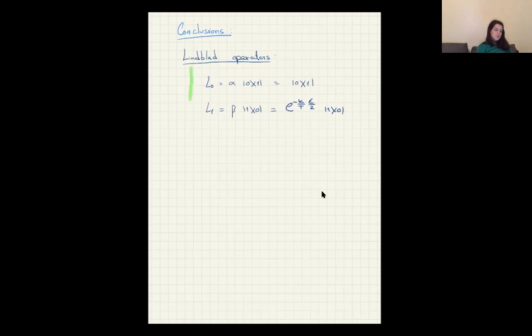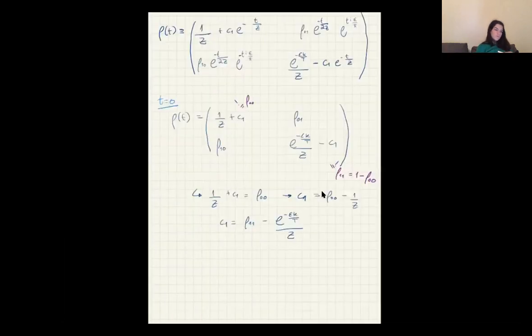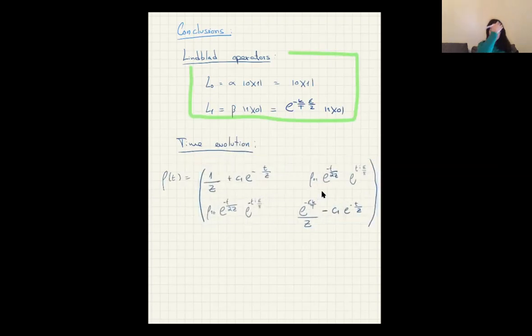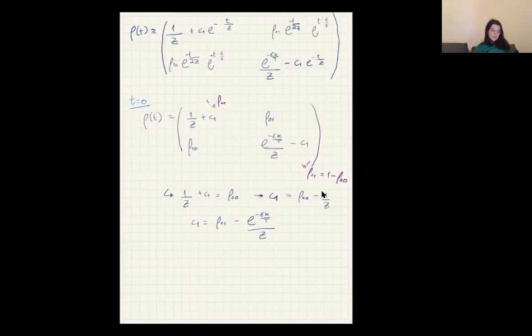So with this, we have that time evolution. Let's copy this whole thing. So we have rho of t equals, and now this C1 and C2 we can replace.